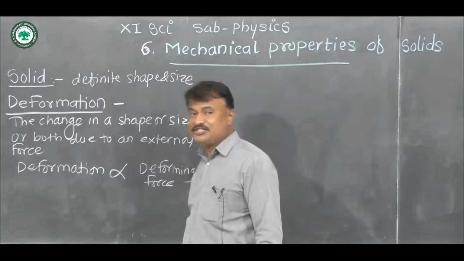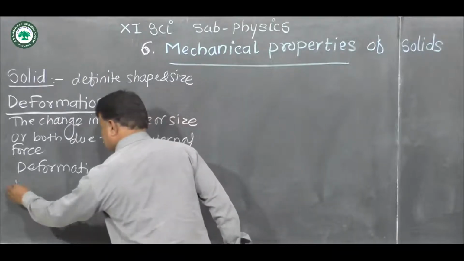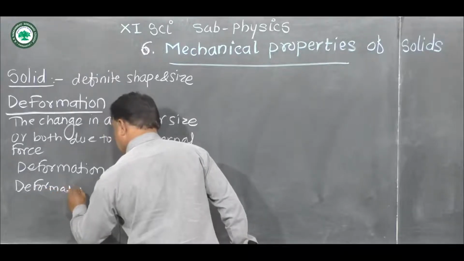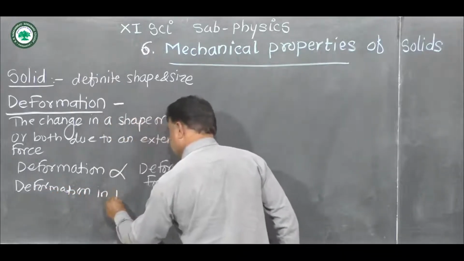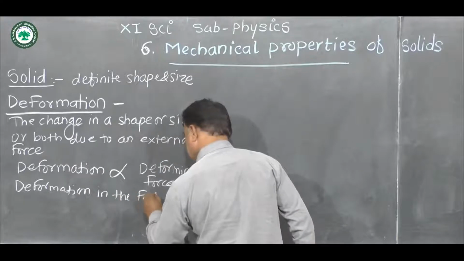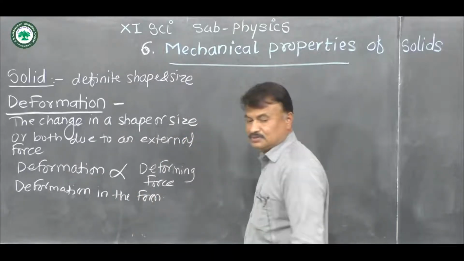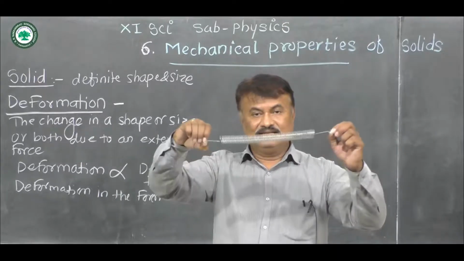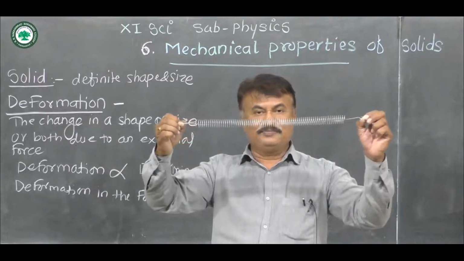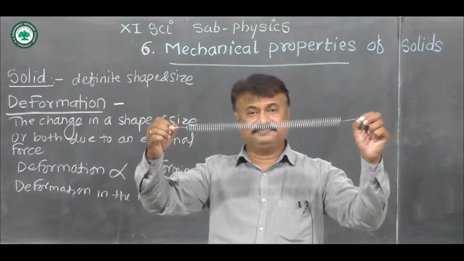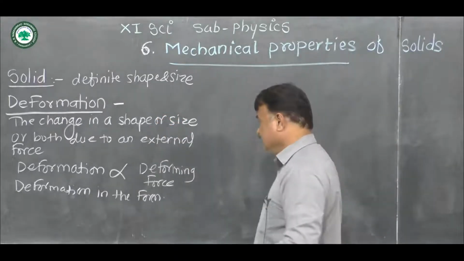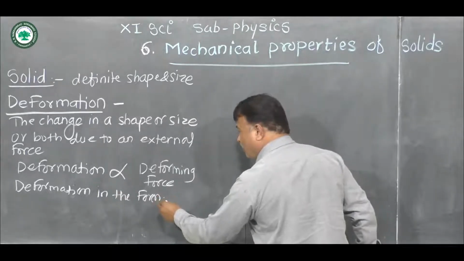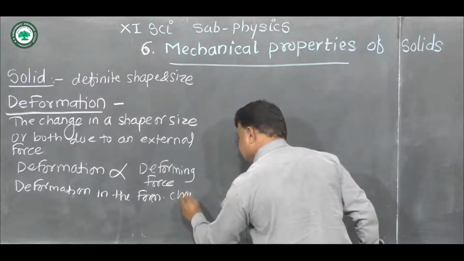Now this deformation is in the form of change. If we consider the spring, due to deformation there is a change in its length. So in this case, deformation is in the form of change in length.